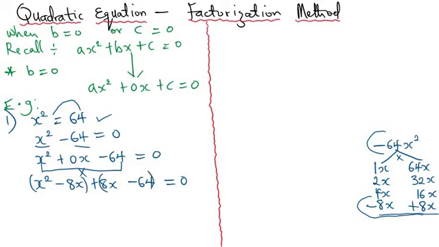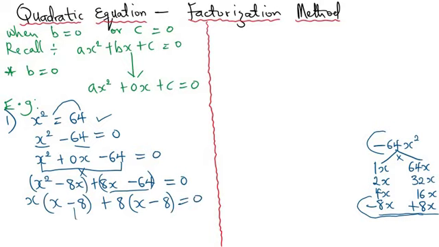From the first bracket, x is common. When we bring out our x, x in x squared is x, and x in minus 8x gives me minus 8. Now we have plus. What is common between these two? 8 is common. When I bring out 8, I'll be having x in 8x, and minus 8 in minus 64 gives me 8, all equal to 0.